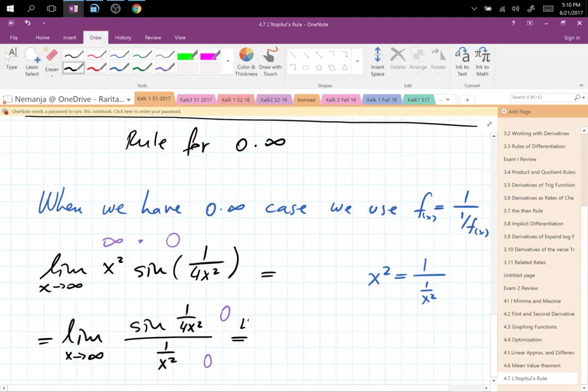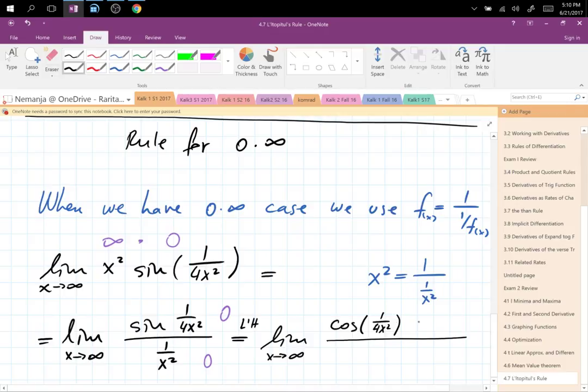We are going to now put the L'Hopital and take those independent derivatives. So put the limit first for 1 point. And now we have the derivative in the numerator. The derivative of sine is cosine of the same. And now you're supposed to take the chain rule, the derivative of 1 over 4x squared.